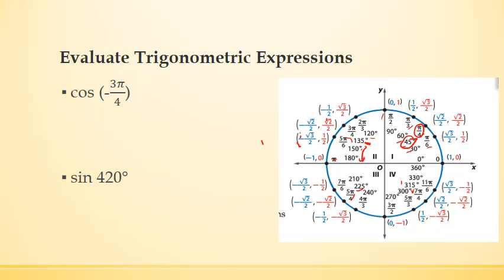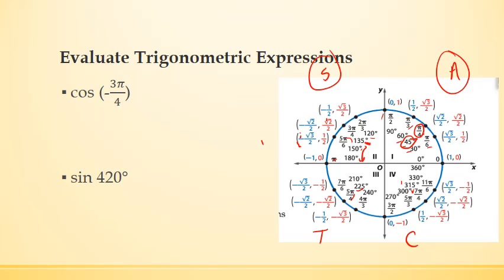which brings us to the "All Students Take Calculus" model, which means that all of the trigonometric functions on the unit circle in the first quadrant are going to be positive. The sine function in the second quadrant is going to be positive.